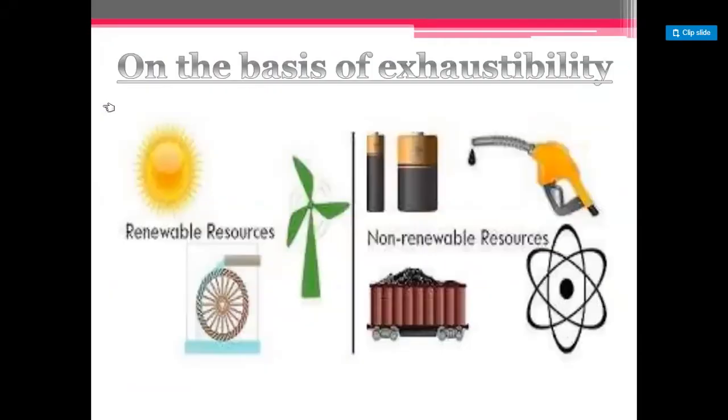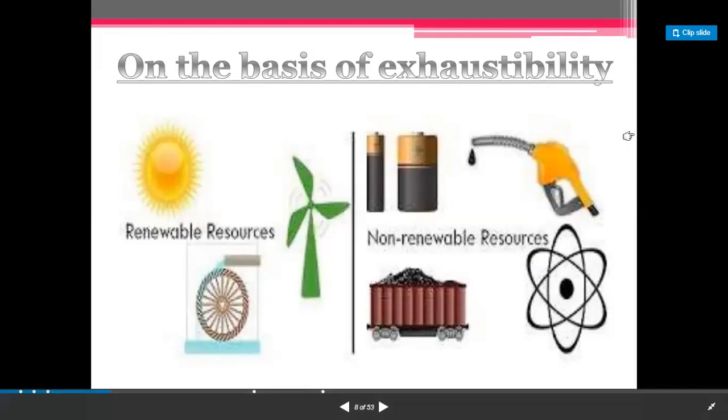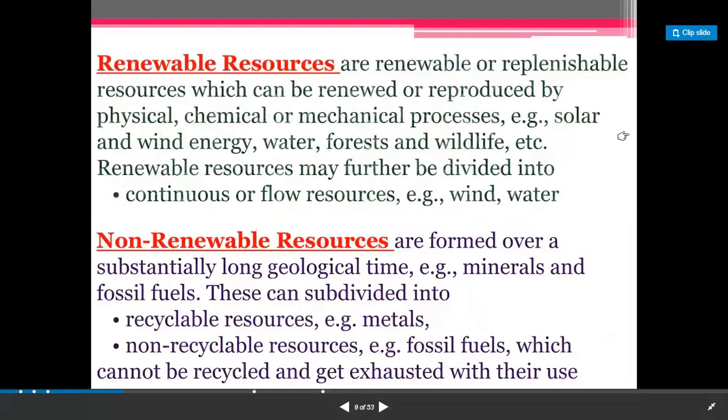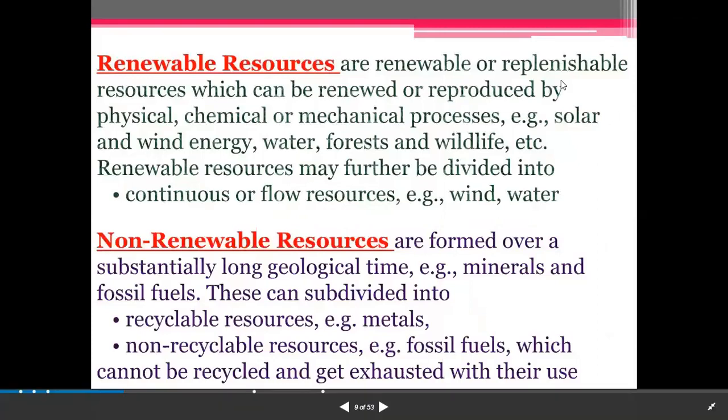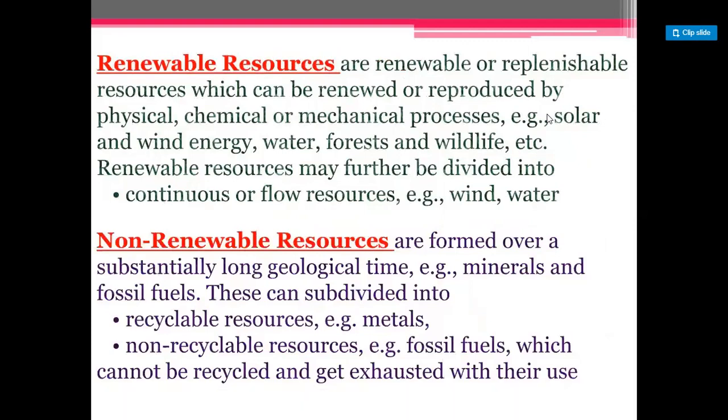Now we'll discuss classification of the resources on the basis of exhaustibility. That is also having two types, renewable resources and non-renewable. Renewable resources, as the name proves, are resources which can be renewed or reproduced by physical, chemical, or mechanical process.